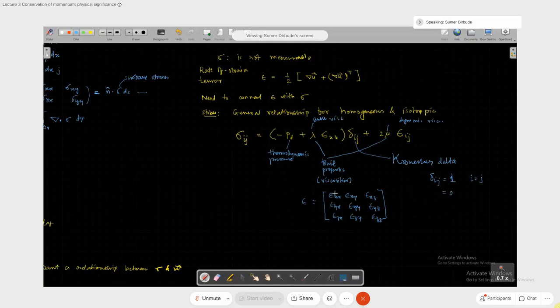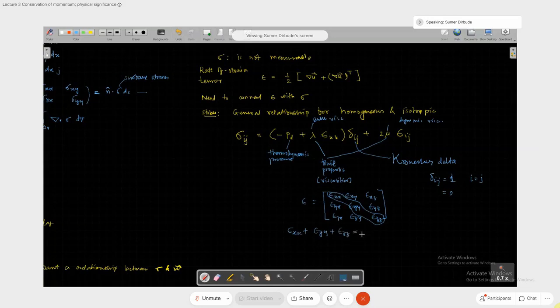So it is only considering the diagonal elements, while ij would consider all the values.